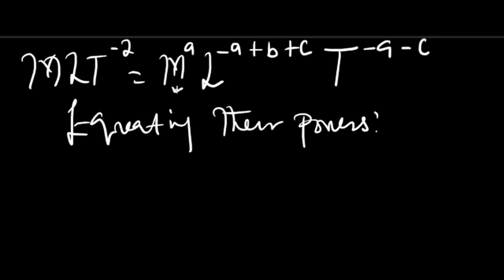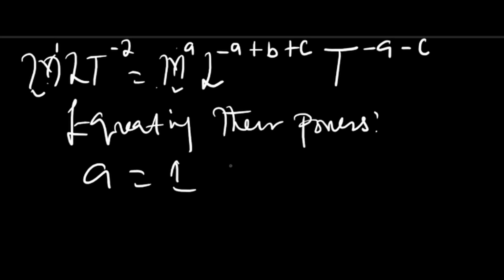Now look at the M and the M. When you equate their powers, because remember that this M and M are the same, you can now say that the power of M on the right, A, is equal to the power of M on the left, which is 1. So A is equal to 1.